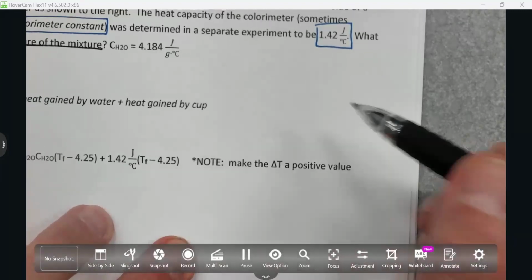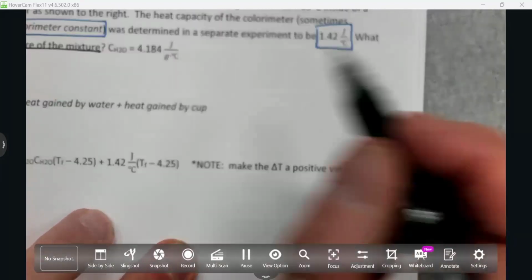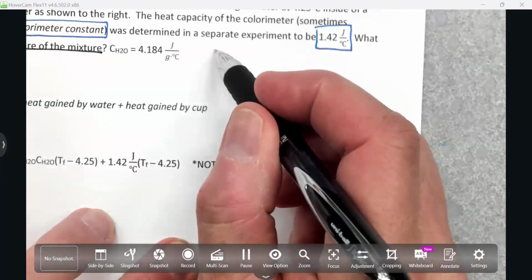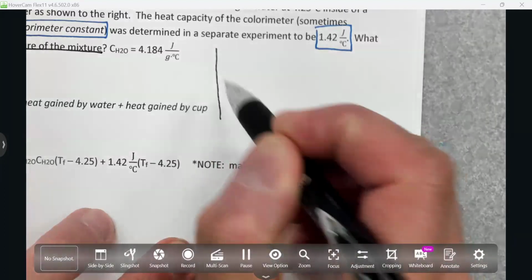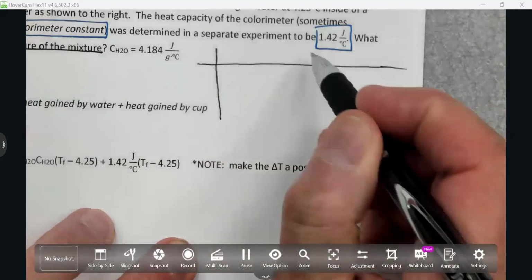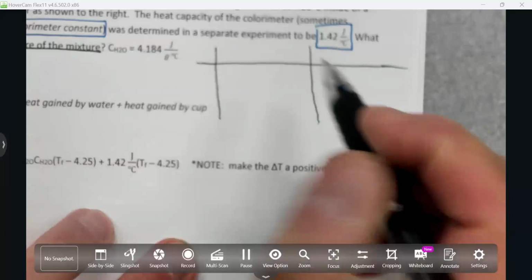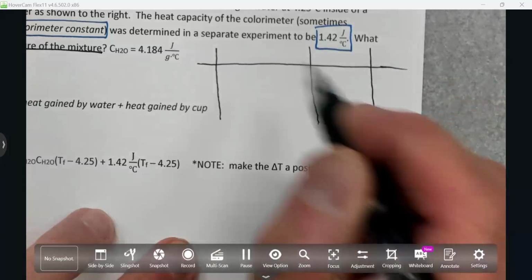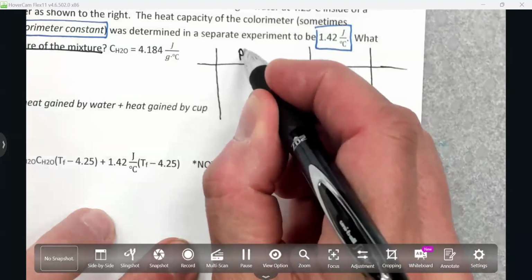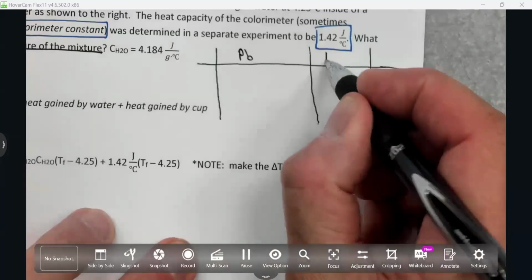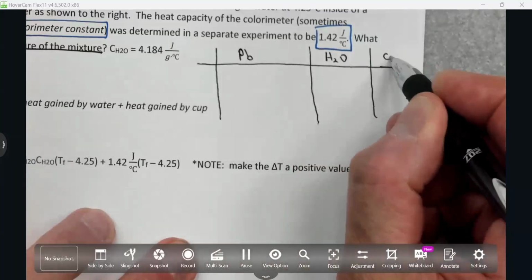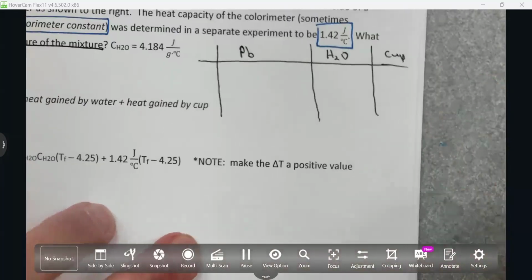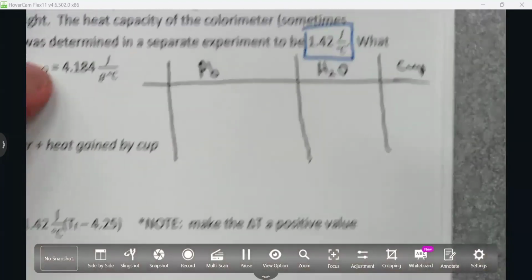Whew. We've got 3 things to keep track of here again. We have the lead, we have the water, and we have the cup. 3 things to keep track of.